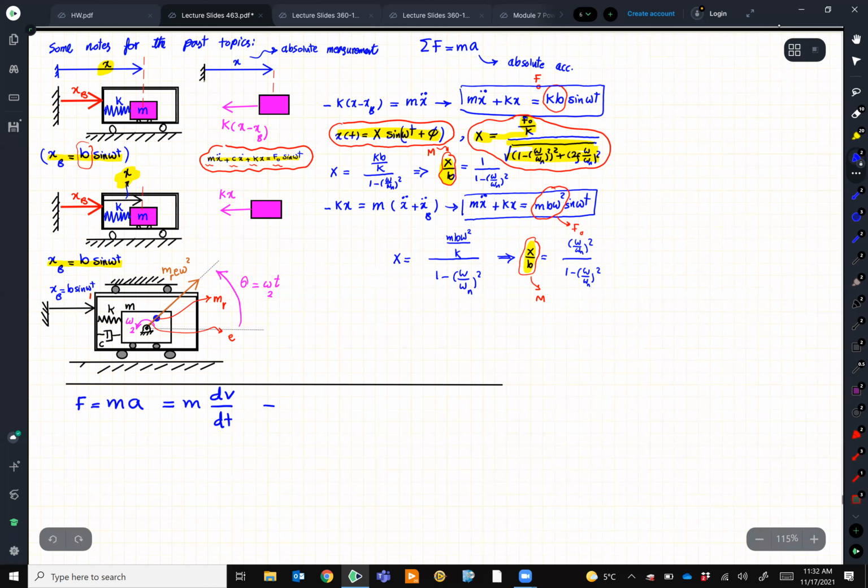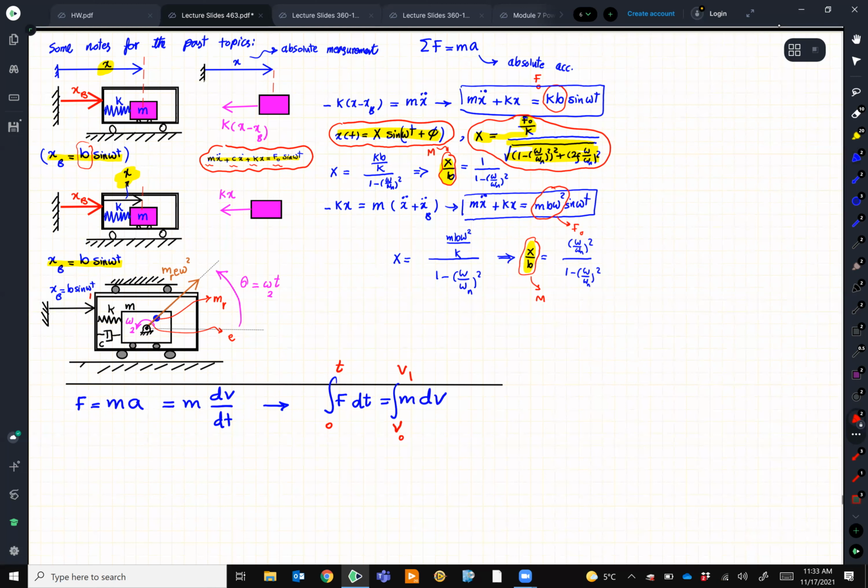Now I can go another step and write it as F multiplied by dt is equal to m dv. And obviously we don't like dt and dv, so we integrate. We end up with force multiplied by time from time 0 to some certain time, and this one from speed v0 to speed v1.